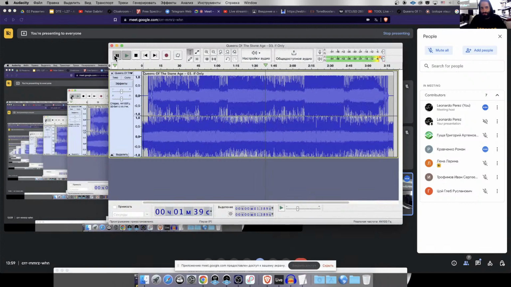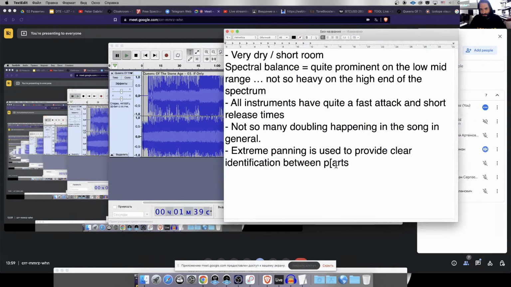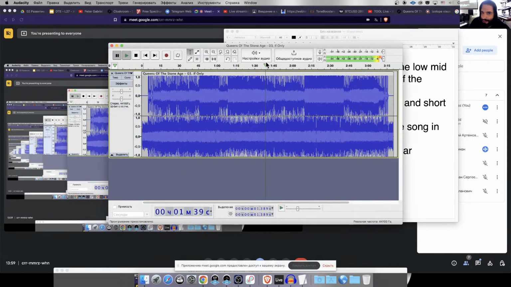What's up, Ratan? What do you mean when you write extreme panning? You don't hear it there because I think you're hearing in mono, but there is a super hard panning of a guitar way to the left, like we are hearing it here.